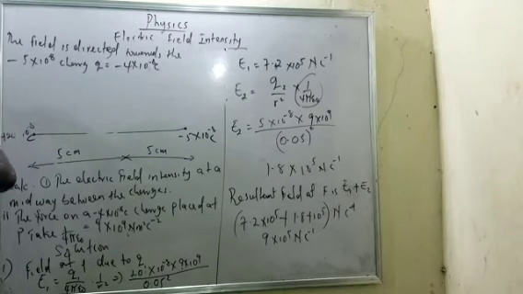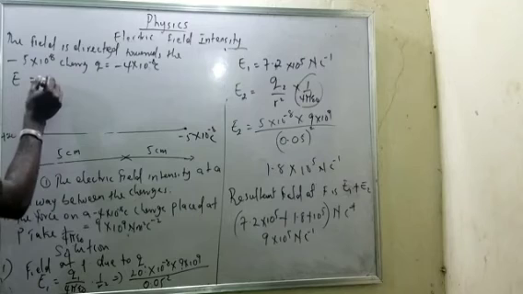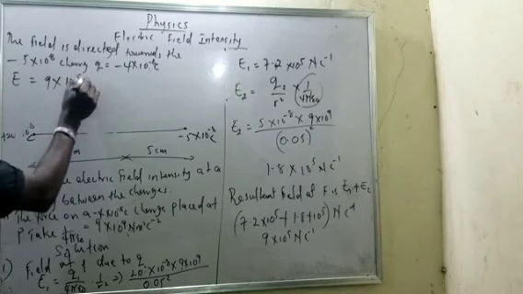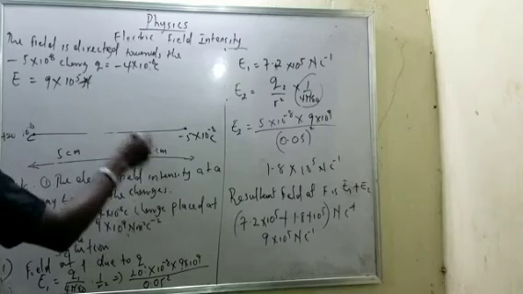Now my E will be equal to 9 multiplied by 10 raised to power 5, which we just got now.